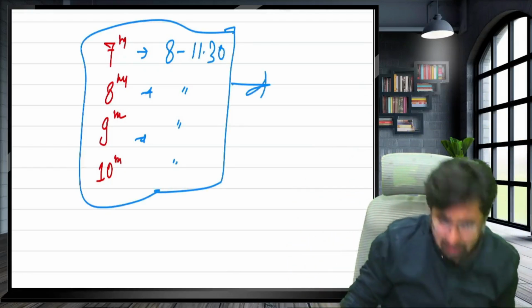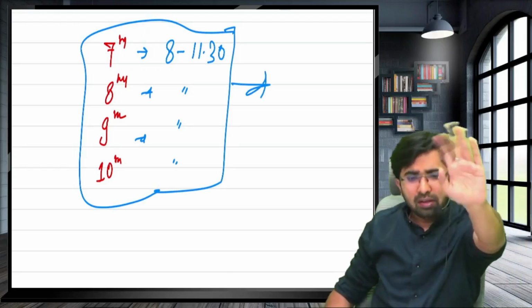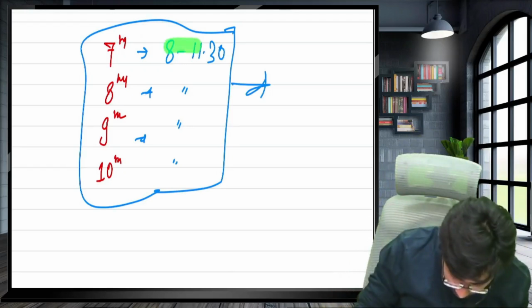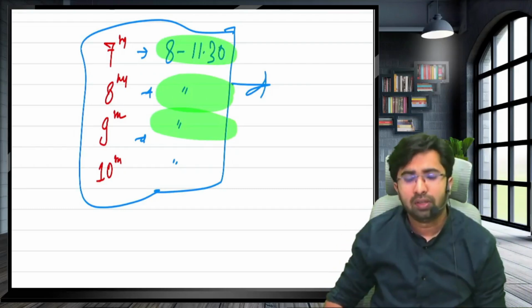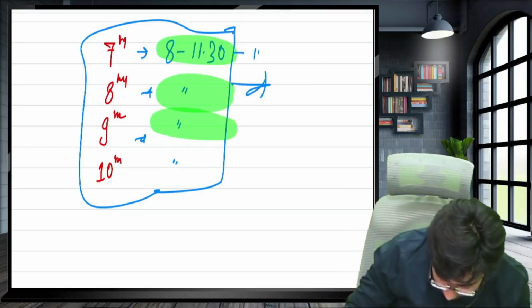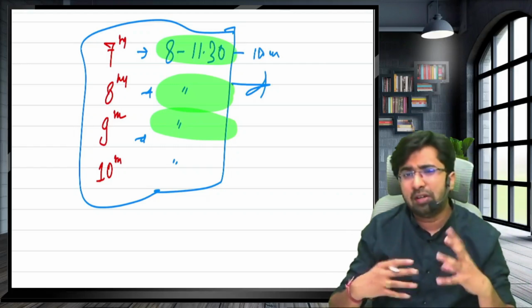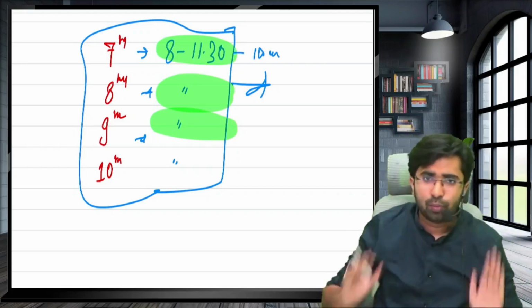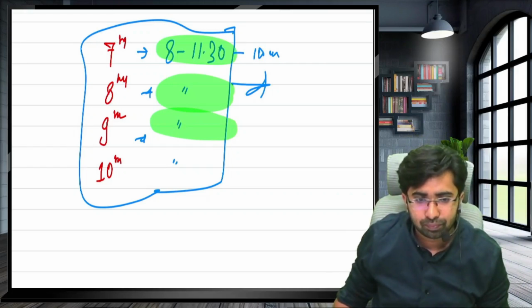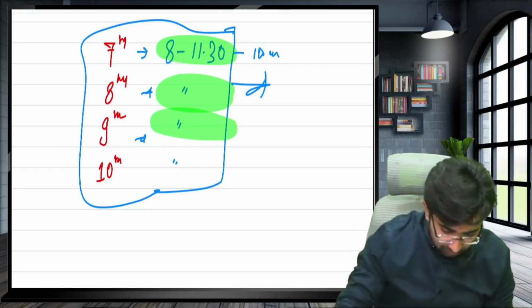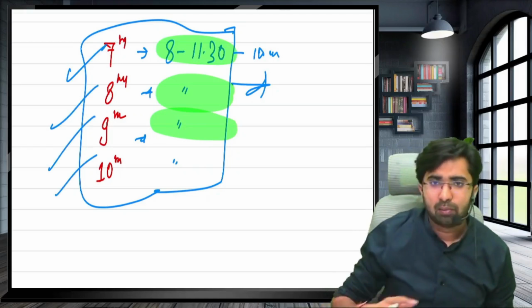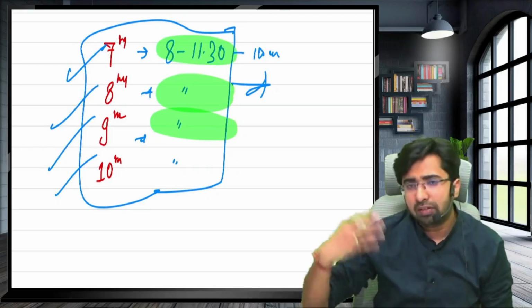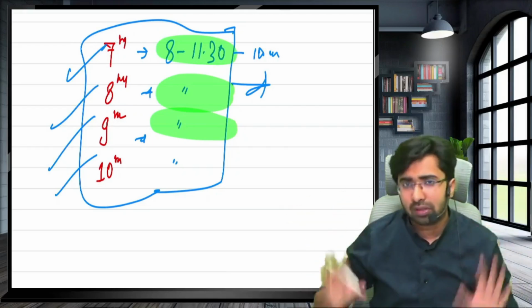An evening slot I will add of 40 minutes, 50 minutes or 1 hour. From the day after tomorrow, your next slot will be in the morning, 8 to 11:30. I will give a break of 10 minutes in the middle. Whenever we cover any huge, big concept, I will give you a break. So from the day after tomorrow your slots are from 8 to 11:30, and I will give other students evening timing. This is my first class from the day after tomorrow.